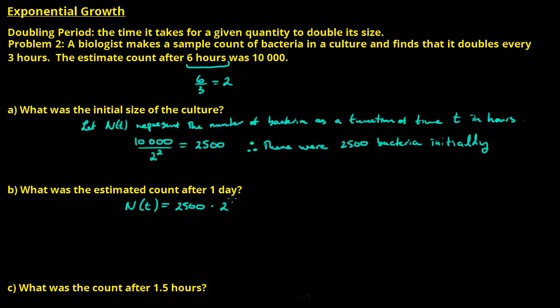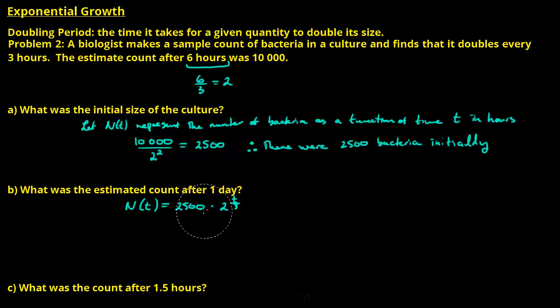If I just plug in t right now, after 1 hour I would double the population. But I have to make sure that this only doubles every 3 hours. So when t gets to 3, I'm only going to multiply 2,500 by 2 once. So I have to divide t by the doubling period, which is 3. So I'm going to have 2,500 times 2 to the power of t divided by 3.